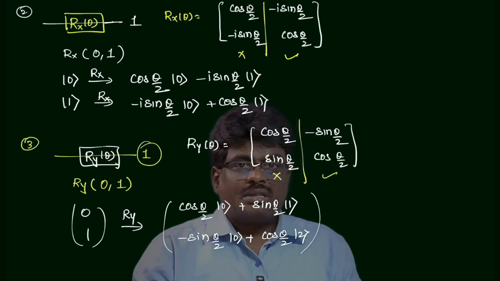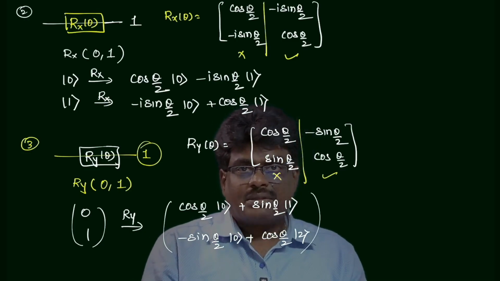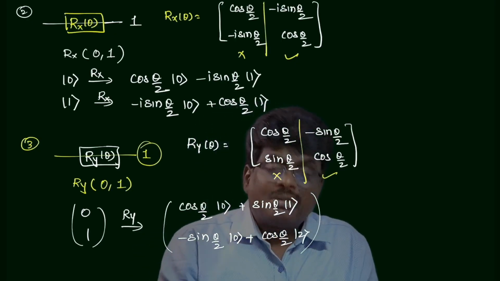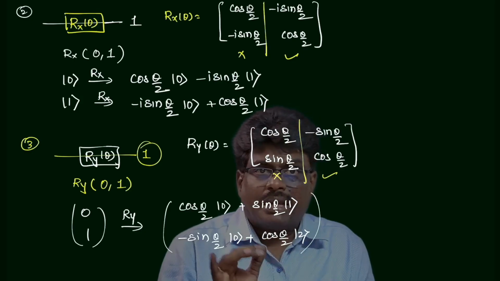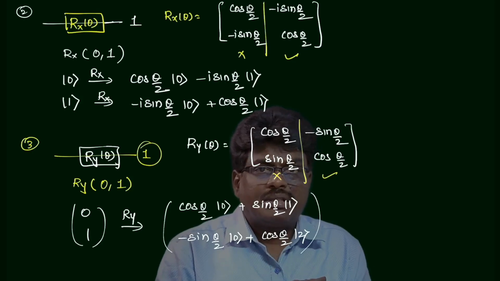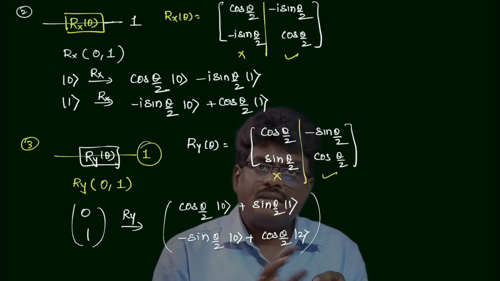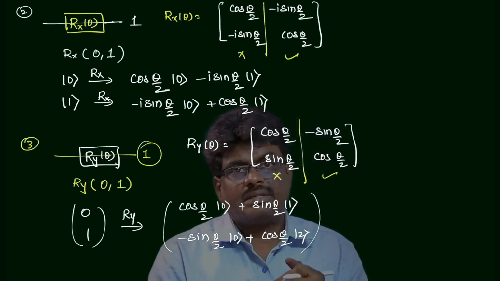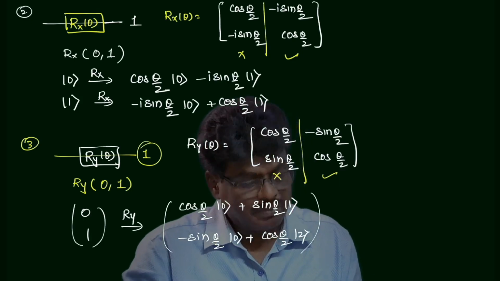Okay, so I'm writing with these brackets, no need to get tension. This is ket 0, ket 1. Remember, all these 0 and 1 are not at all binary, strictly I'm following this decimal notation. I feel it is a little bit easy to solve these quantum circuits by using this notation. If you are facing any trouble, please let me know.